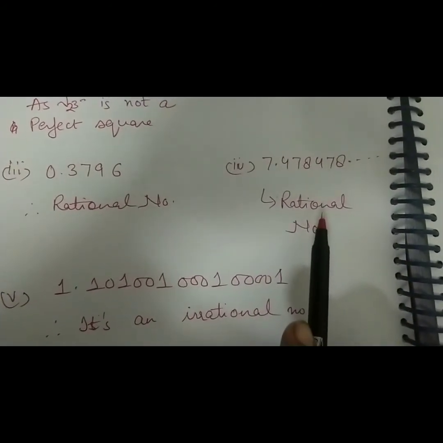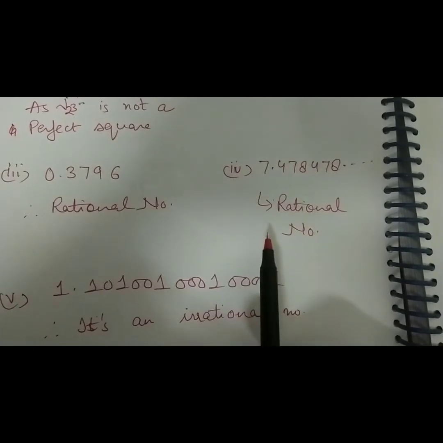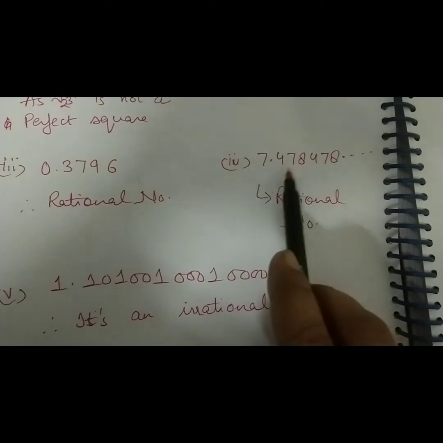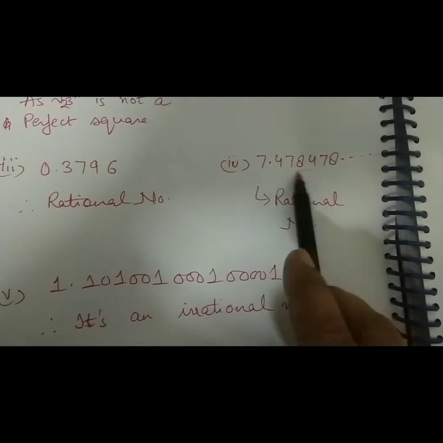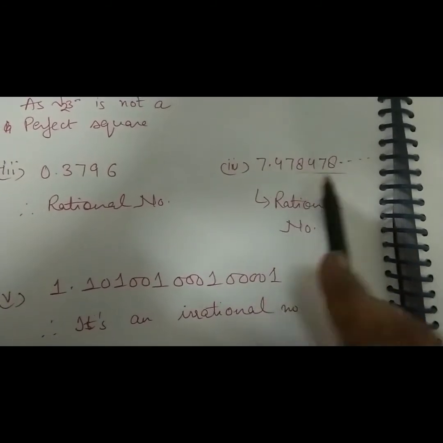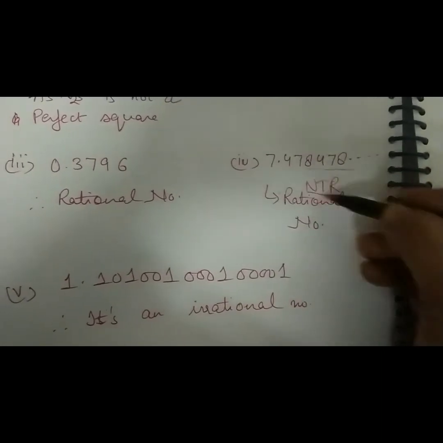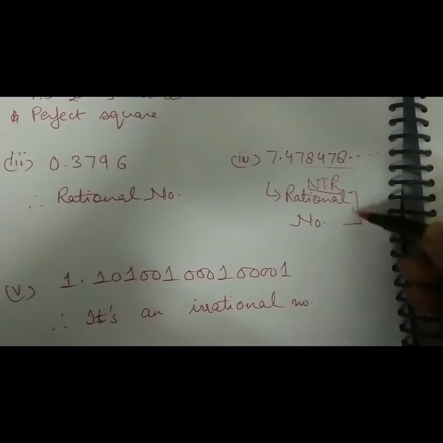So it is what? If you see the string, it's repeating 478, then 478. So this is what? Non-terminating repeating. Non-terminating repeating is what? A rational number.